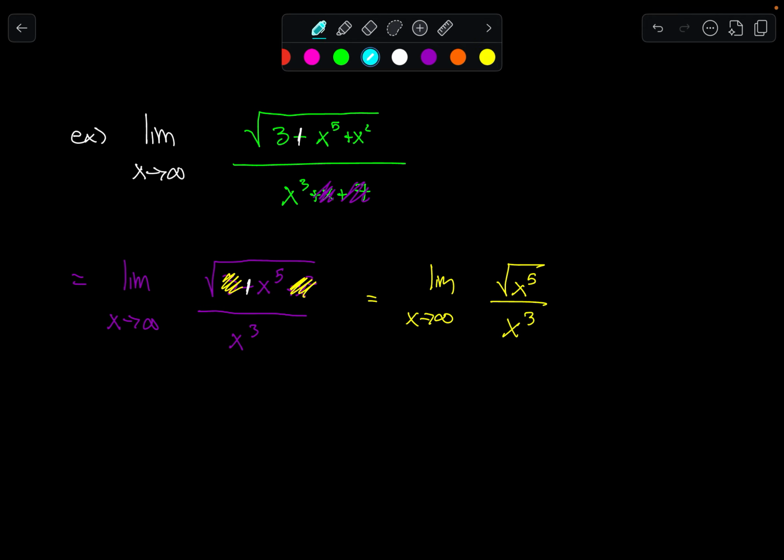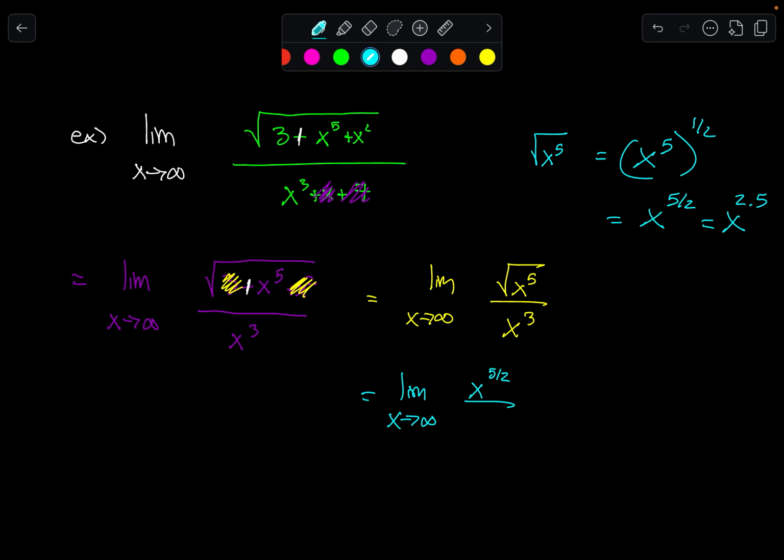And last time I checked, the square root of x to the fifth is the same thing as x to the fifth raised to the 1/2 power, which is x to the 5/2. And if you, God forbid, need to use some decimals, you can think about that as x to the 2.5. And so this limit, as x approaches infinity, I'm not going to use decimals. I don't like decimals. I'm going to leave it as x to the 5/2 over x cubed.